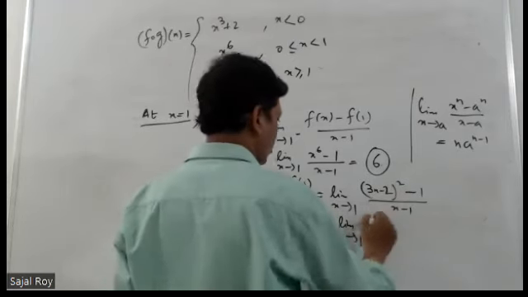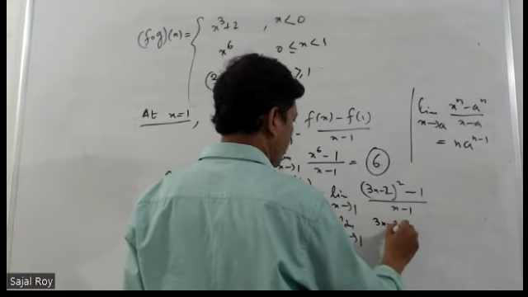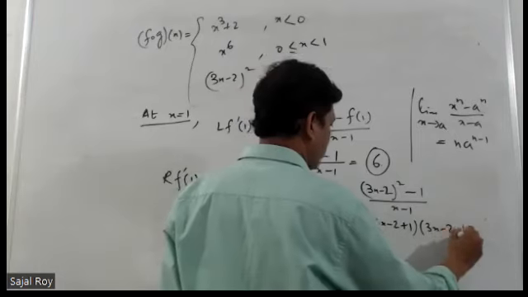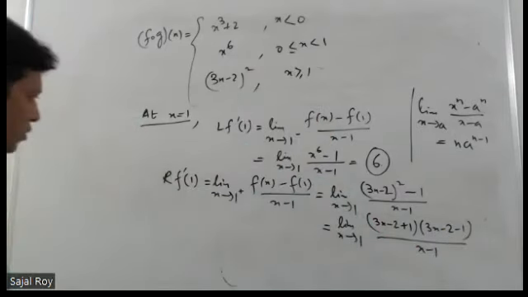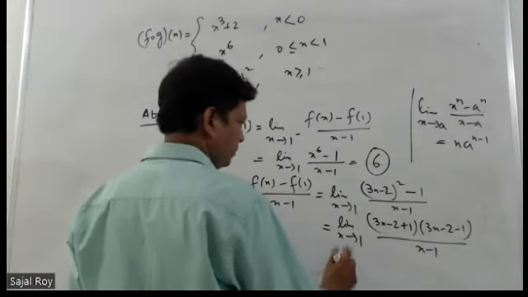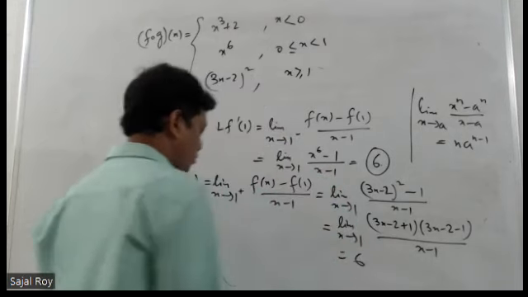Okay, so 3x minus 2 plus 1 into 3x minus 2 minus 1 by x minus 1. So that will be equal to 6 also.